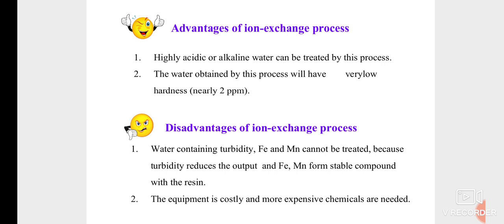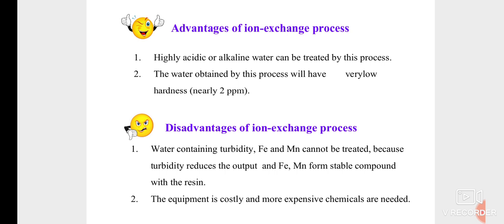So the resin will be affected. The resin does not support Fe and manganese ions in the water. So turbid water, iron-containing water and manganese-containing water is not suitable for this process. This is the main disadvantage of the process.